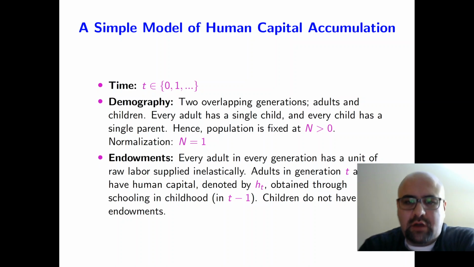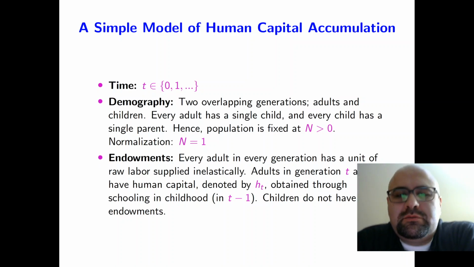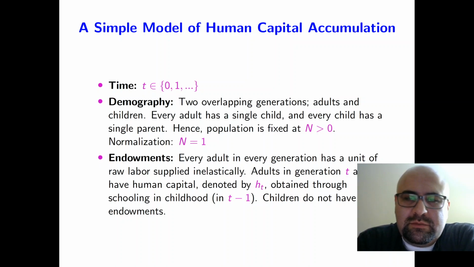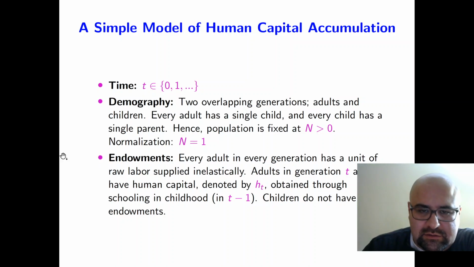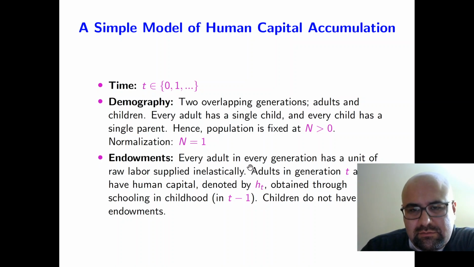Okay, in terms of endowments, we assume that first of all, every adult has raw labor. Okay, so this is basically time endowment, so they supply this labor inelastically, but they also have skills, all right, human capital. So we denote the average set of skills. Well, this is basically a representative agent model.